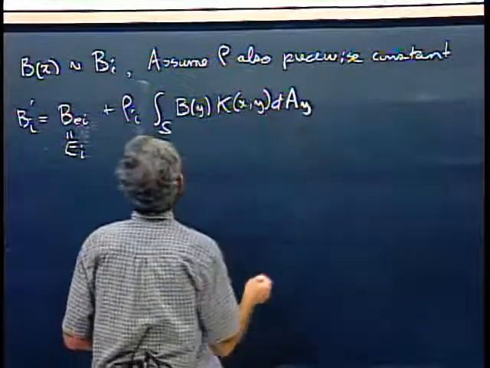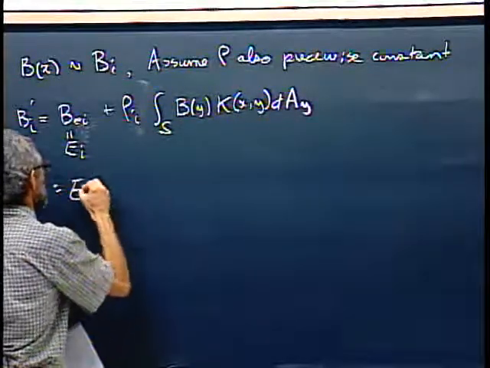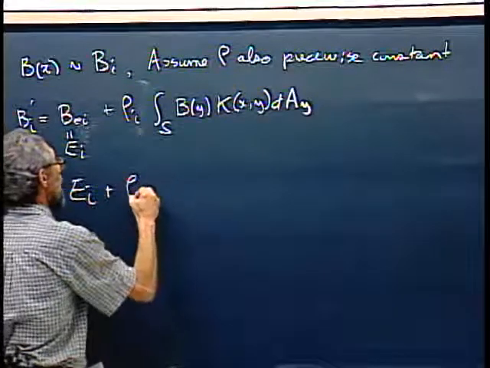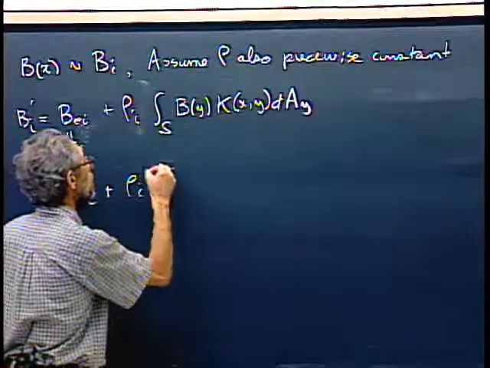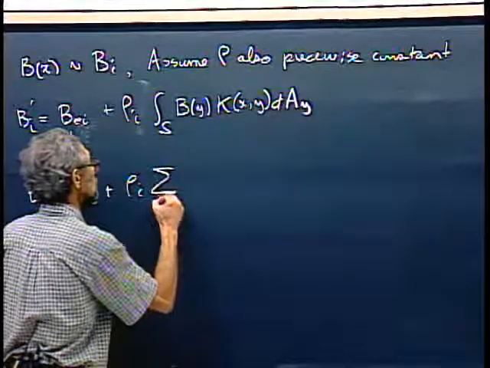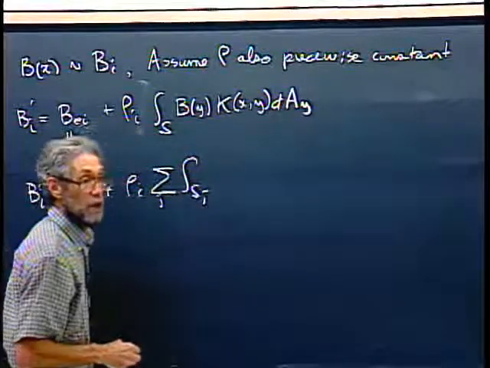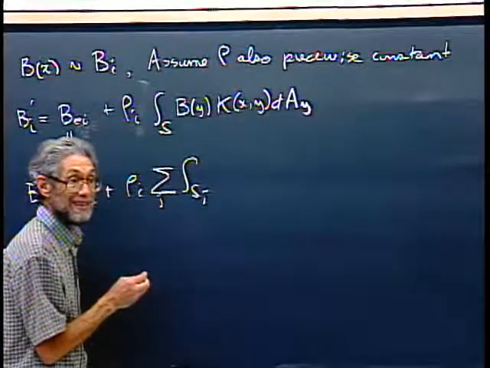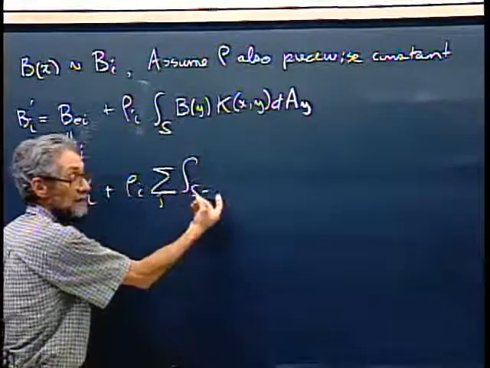So what I want to do is take this integral as the sum over surfaces j of integrals over Sj, where Sj is one of the other patches in the scene. This whole S is the union of these patches Sj.